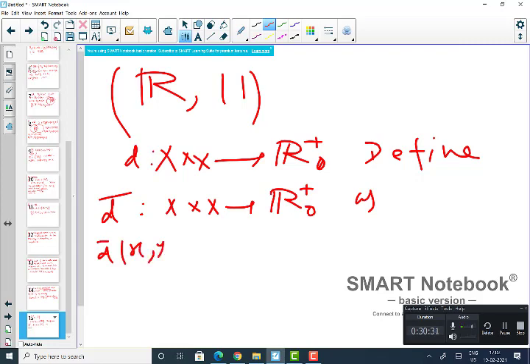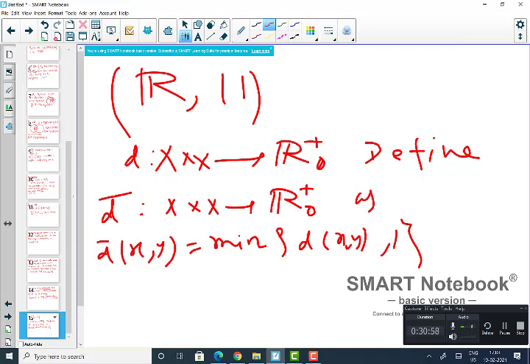You choose two points and you write down the minimum of either the distance d of x, y if it is less than 1, or 1. So the moment the distance from x to y is bigger than 1, you take that distance as 1. Obviously you can prove that this is a metric, and this is easy to prove, so maybe I will prove it.